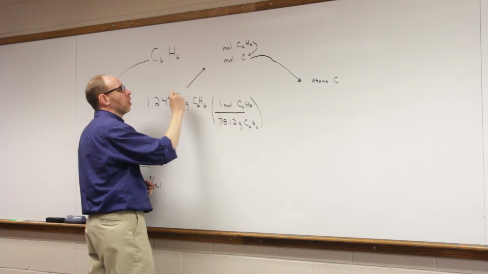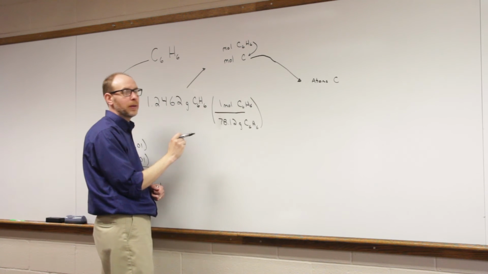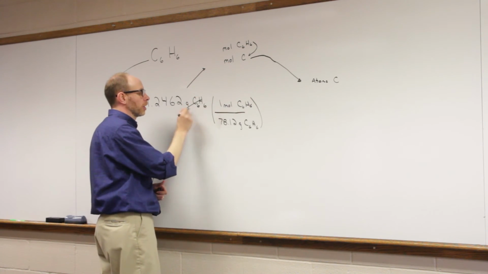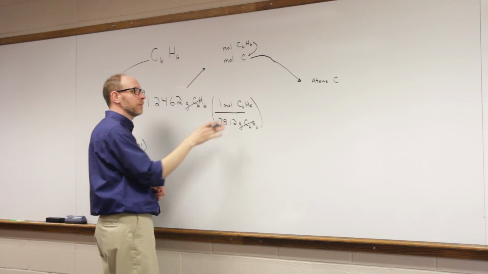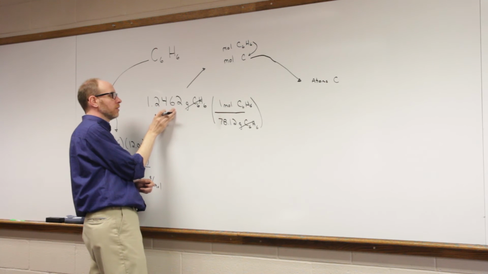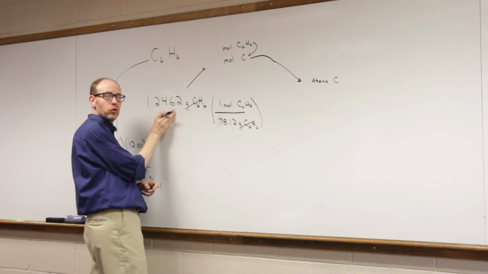So notice I've gone from my grams to my moles of benzene. Now I need to get from moles of benzene to moles of carbon. So my grams have crossed out. If I stopped now, I would have figured out how many moles of benzene are in this 1.2462 grams of benzene.